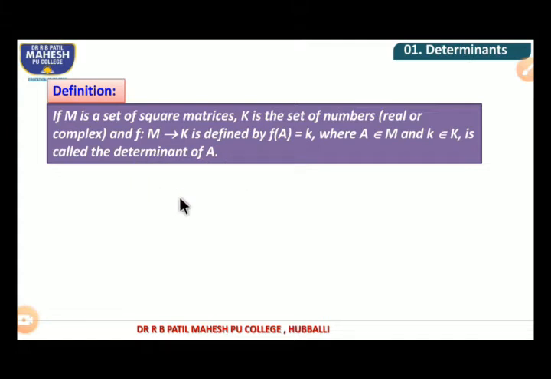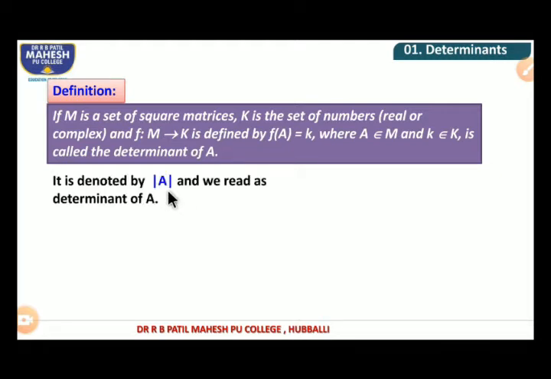Students, you may not grasp it properly from the definition alone. Here I am going to explain mathematically by taking examples and notations. It is denoted by determinant of A, and we read it as determinant of A, because in mathematics you usually see this notation for modulus of A, but in this chapter it is not modulus of A, it is read as determinant of A. It is also denoted as det A or delta.